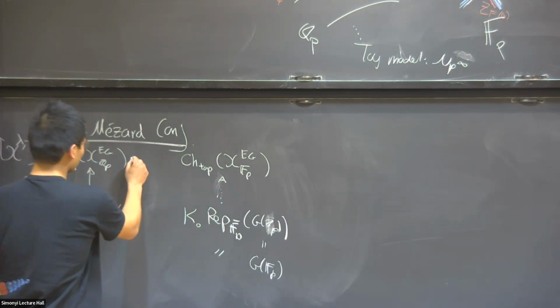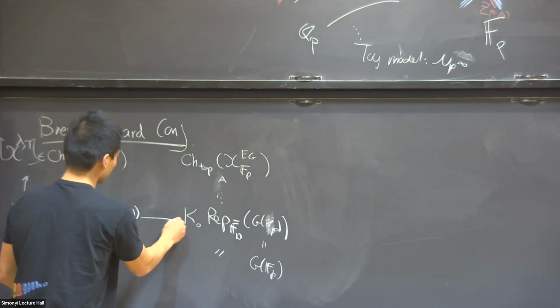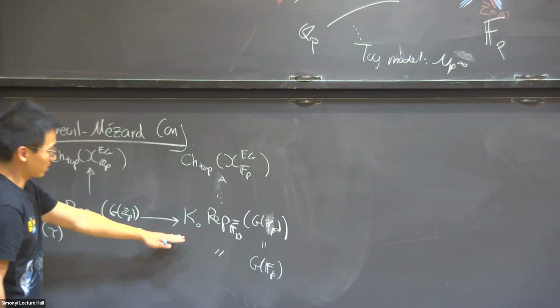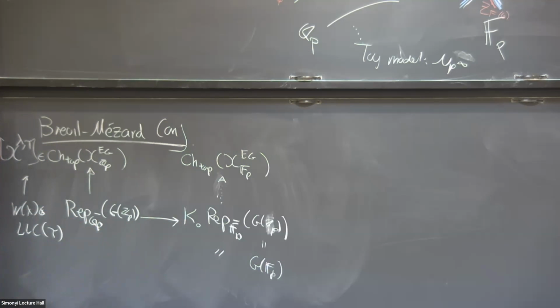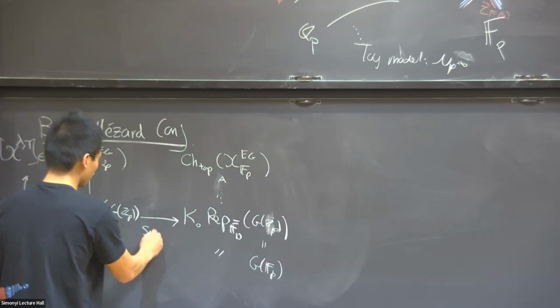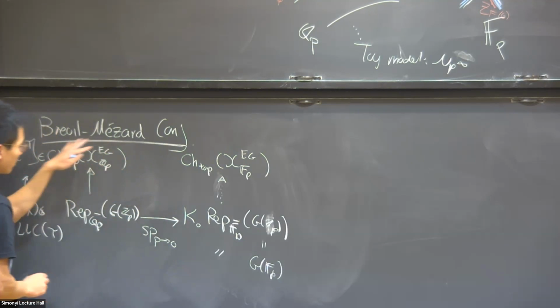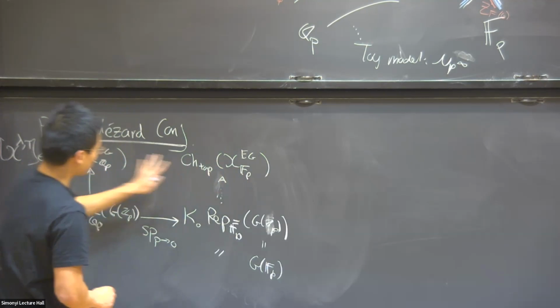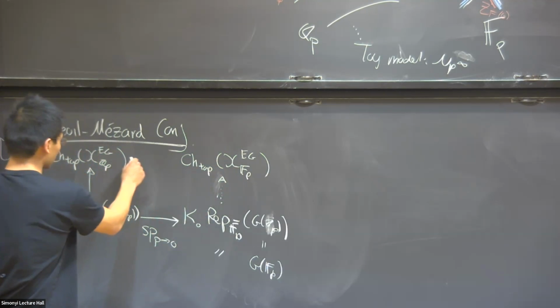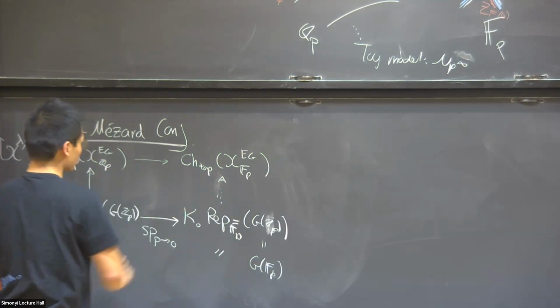But I know how to take a representation in characteristic 0 and reduce it mod p, at least in the Grothendieck group. So it's some kind of specialization to characteristic p. And similarly, at the level of geometry, I can take cycles inside this and specialize them to characteristic p, to the special fiber.